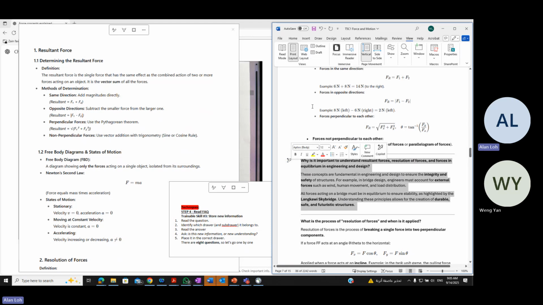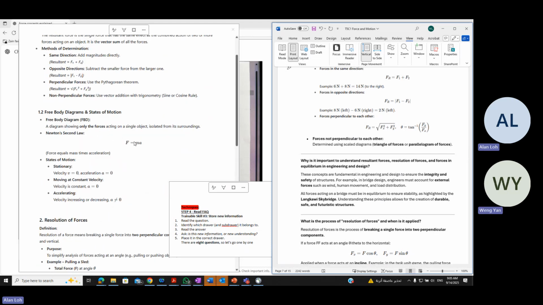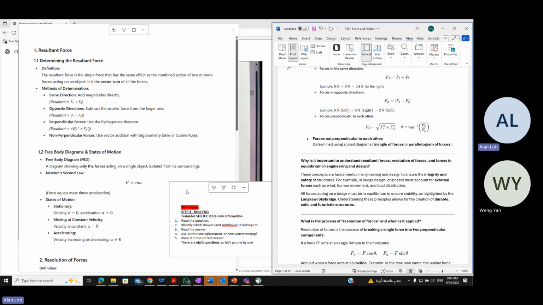Do the same drill. Integrity and safety. Okay, so any new information or new understanding? Oh, there's the concept, like the integrity and safety of the structures.